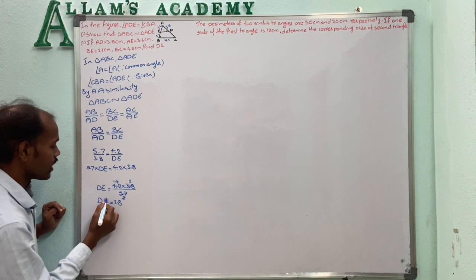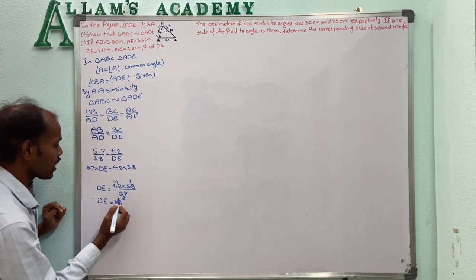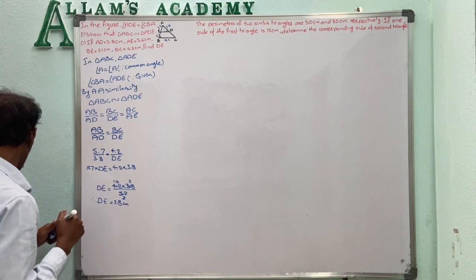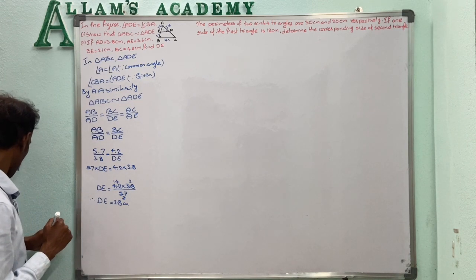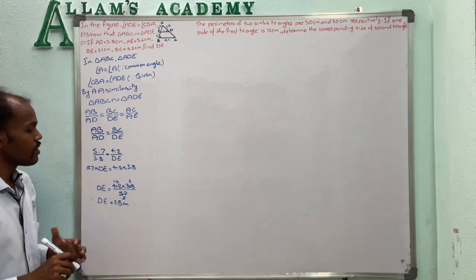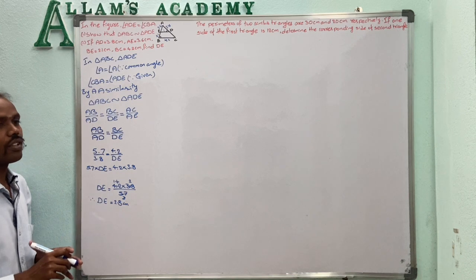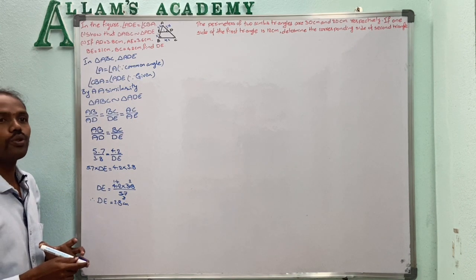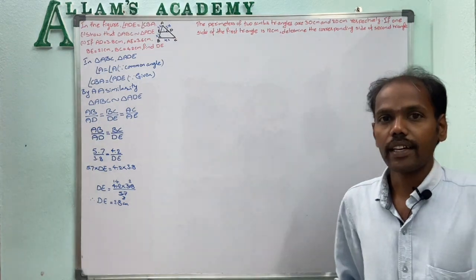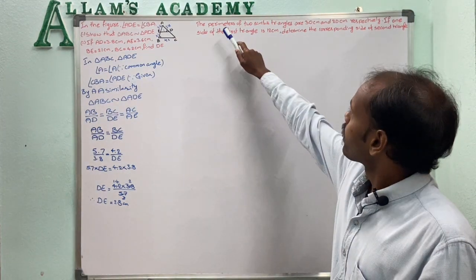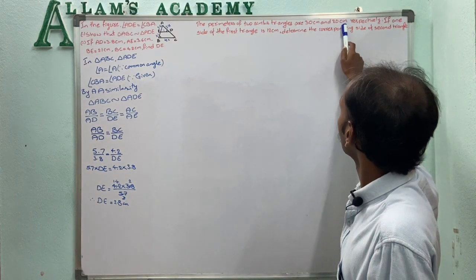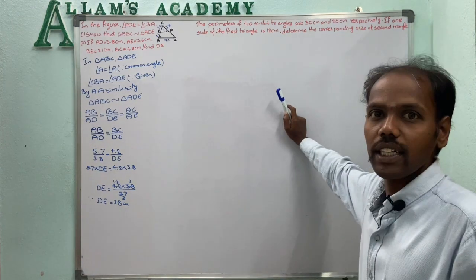So the DE length is nothing but 2.8 centimeters. Here all are given in centimeter units only. So DE length is 2.8 centimeters.